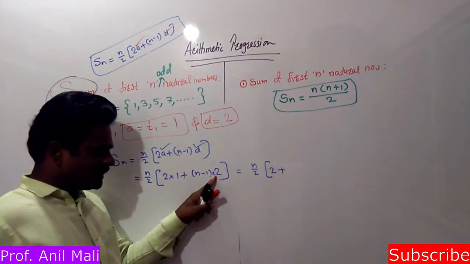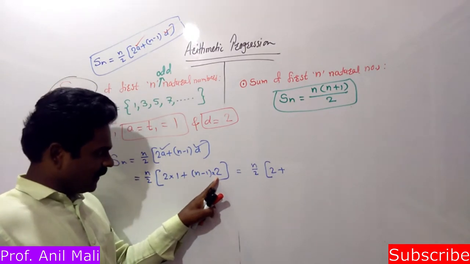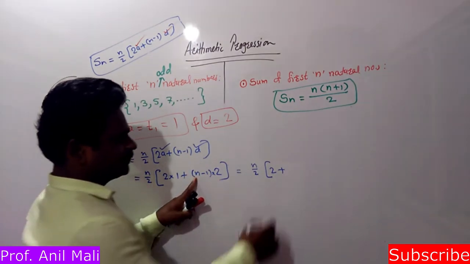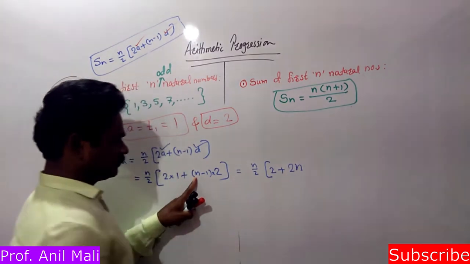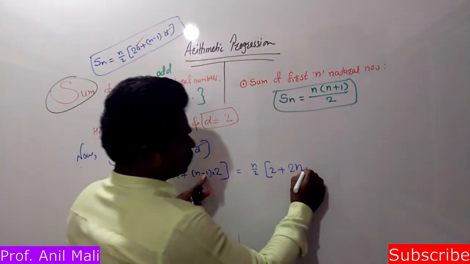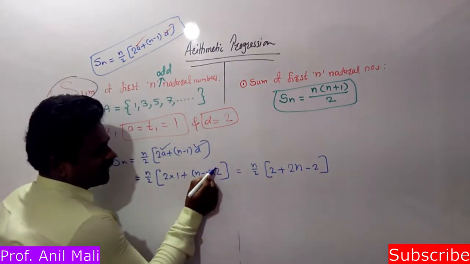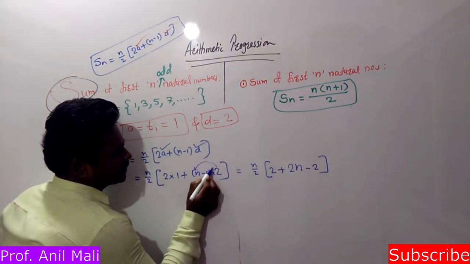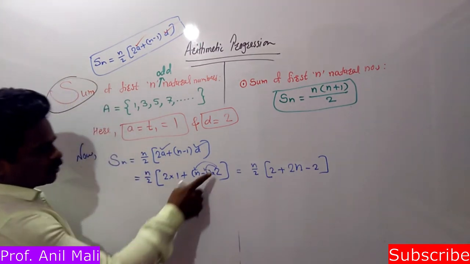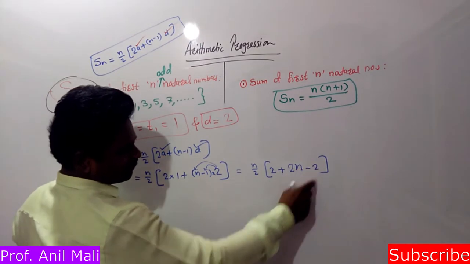Just multiply this n minus 1 by this 2. So we'll get here 2 into n, 2n. Okay, 2 into minus 1, it's minus 2. No problem. So we multiplied this 2 to n also, and this 1 also. So 2 n's are 2n and 2 minus 1's are minus 2.